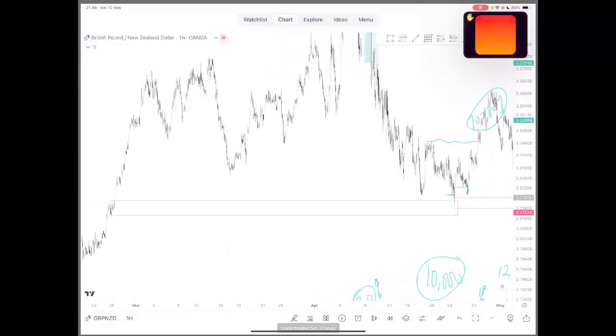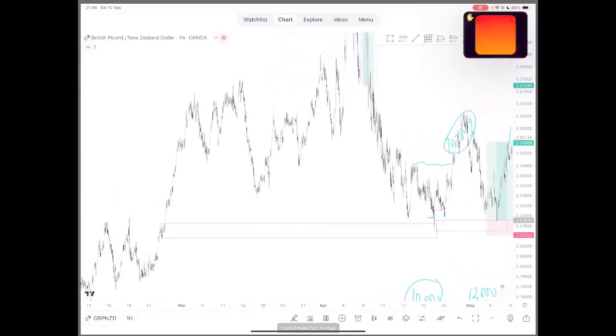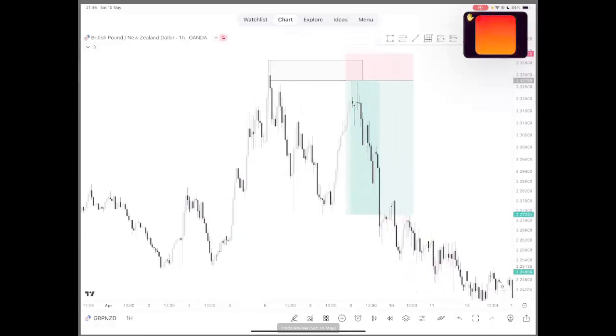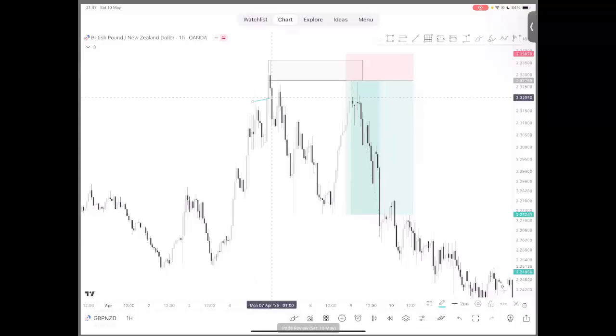If you look at the approach towards the demand zone, I even had a sell position here earlier. I had the sell position to show you that price was turning bearish. We had our sweep, our inducement level, before price broke out, took out a low, and came back to give another break of structure.